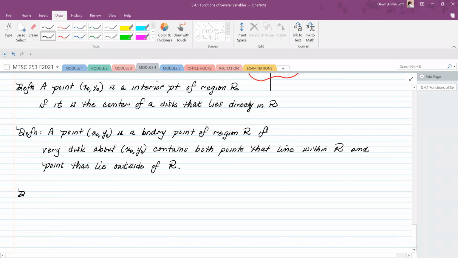Definition. A region is open if it only contains interior points. So what do I mean by that?